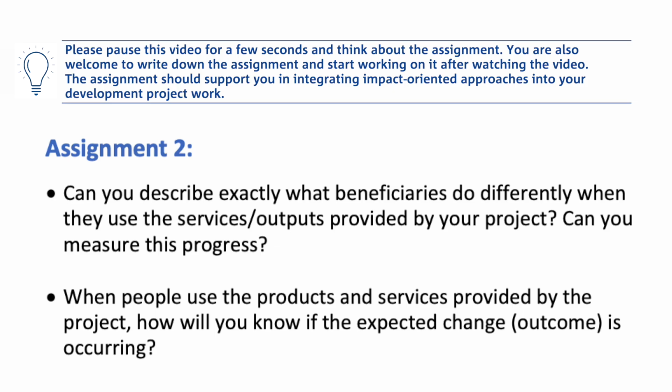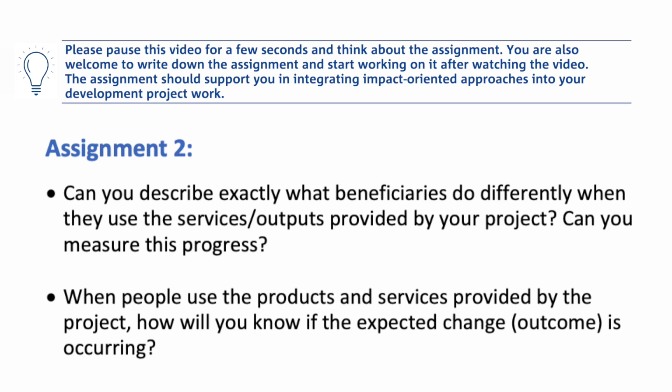And when you have a positive answer, so when really the beneficiaries use the products and services provided by your project, how will you know if the expected change, the outcome, is occurring? Do you have good indicators which you can already measure before the end of the project?